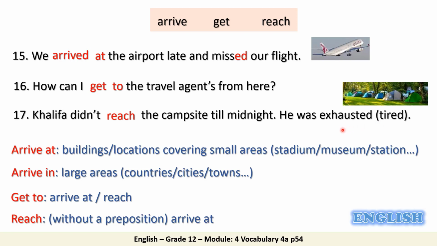But the adjective exhausted is a non-gradable adjective. It is an extreme adjective. It has reached the extreme meaning. So I cannot use very exhausted or extremely exhausted, because it is already a strong adjective in itself.